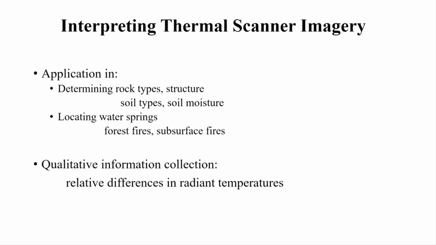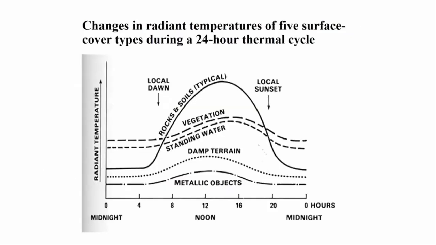There are different applications of thermal imaging: determining rock types, structure, soil types and soil moisture, and it is also used to find forest fires and the land surface temperature. So there are very wide applications.